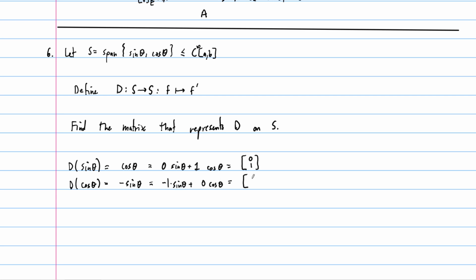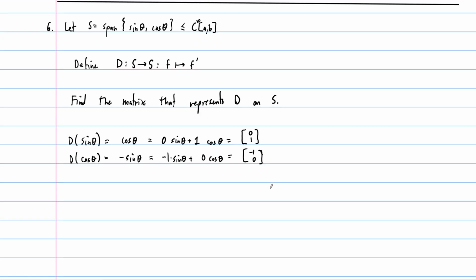So in coordinates, that's the vector negative 1, 0. All right, and these are just the columns of our matrix. So our matrix A that represents this derivative operation is the matrix 0, 1, negative 1, 0. This is with respect to the ordered basis sine theta, cosine theta.